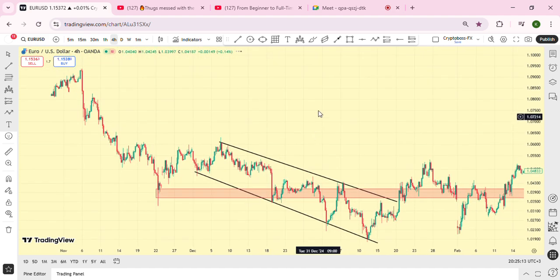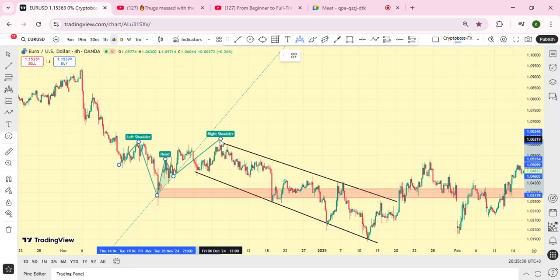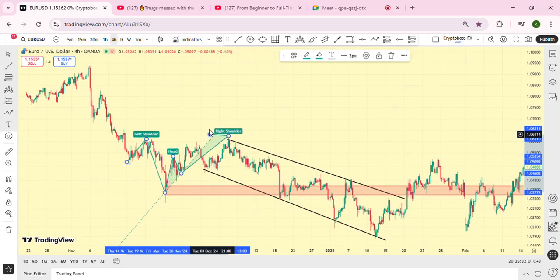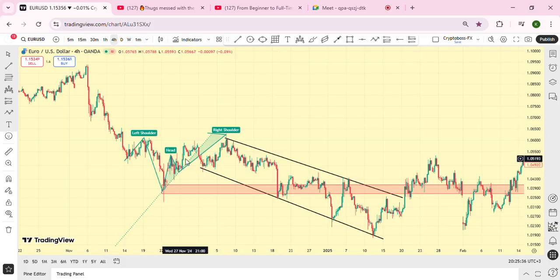Now, just by looking, you can see here we have an inverted head and shoulders. It did not go up long. Using this one, the right shoulder here is small.